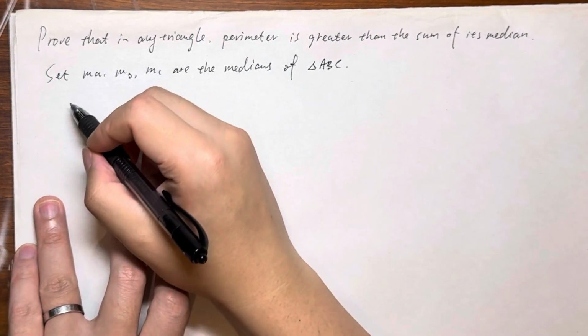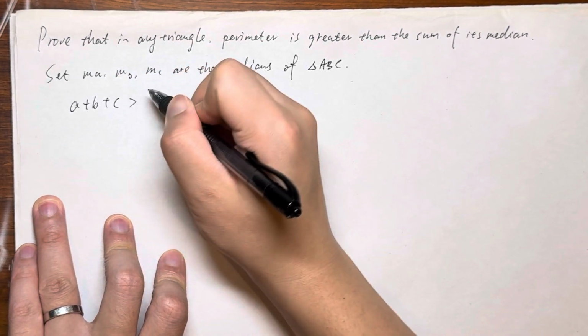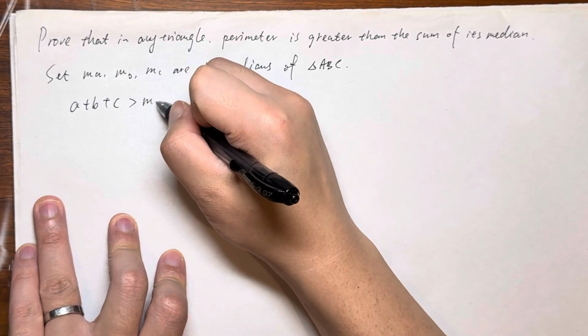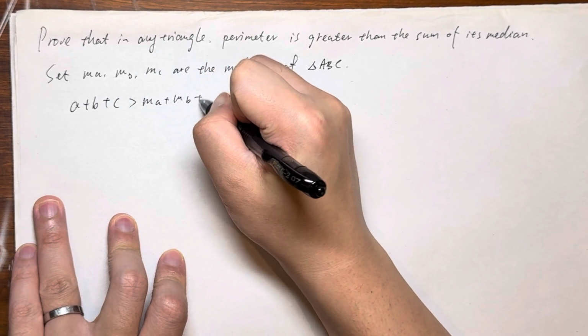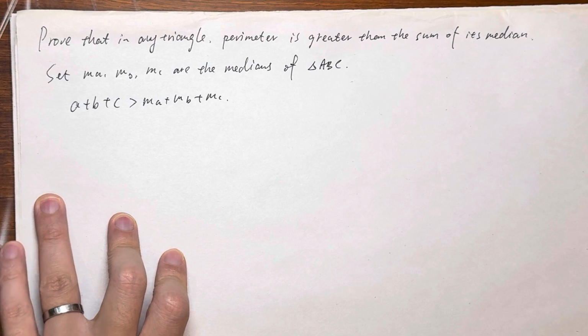And we want to prove that a plus b plus c is larger than MA plus MB plus MC.